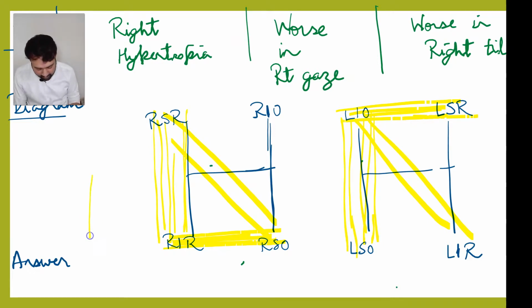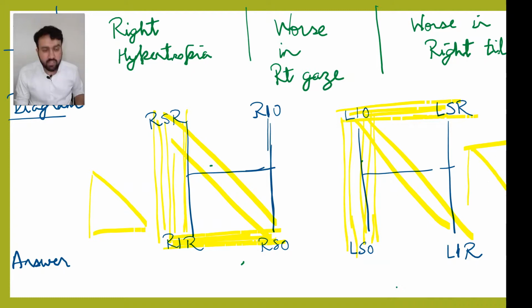You will get a triangle like you've got in the right eye, or you will get something like this, which is not a triangle, right? Wherever you get this non-triangle is your affected eye, and wherever the 3 points meet is your affected muscle. That is the rule of the Parks test. That is a simple way to work out the Parks test.